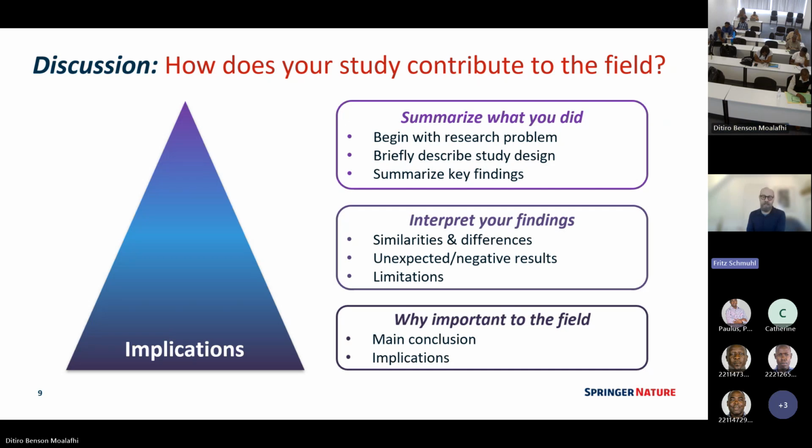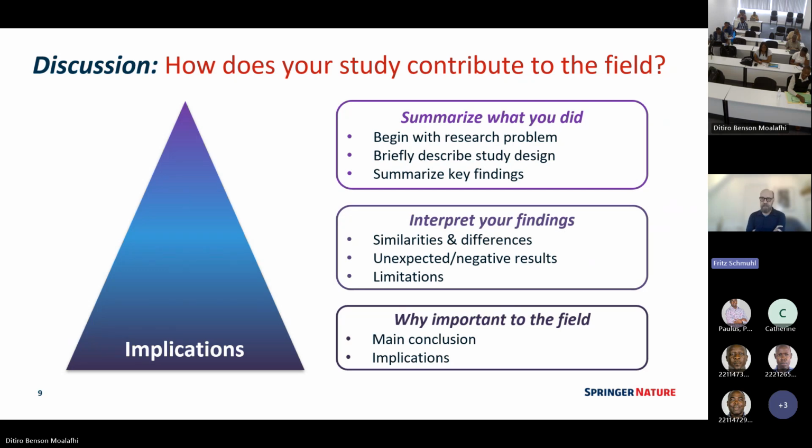You also highlight in the discussion section key limitations that the study had, and also the impact those limitations had on the validity of the study overall. And then finally, at the end of the discussion section, you have the main conclusion.